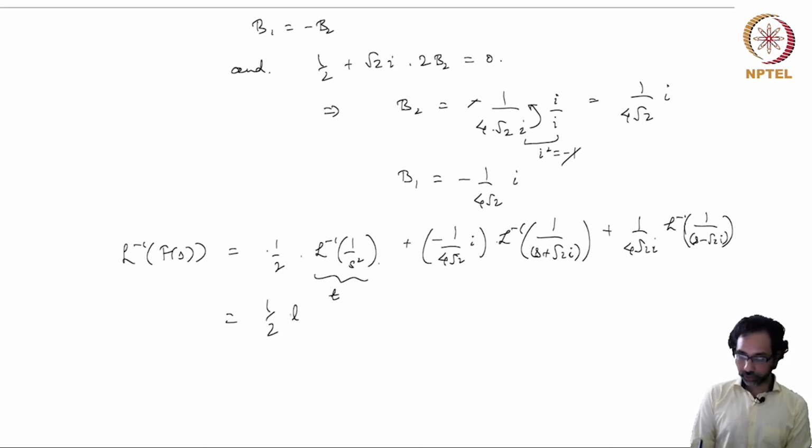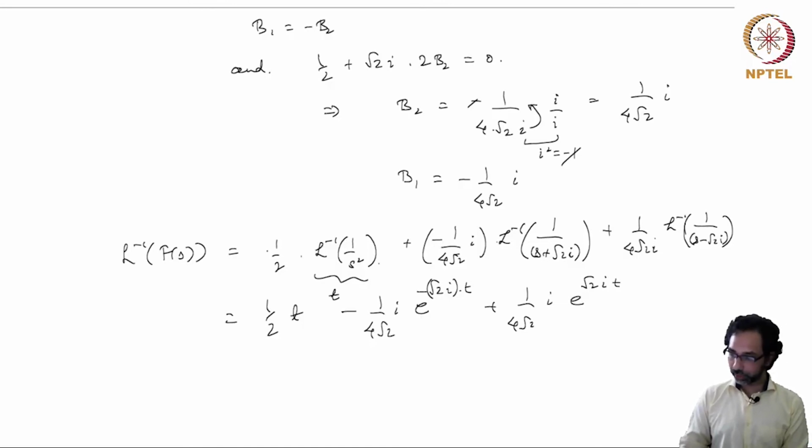So then you get half t minus 1 over 4 root 2i, i is upstairs, exponential minus root 2i times t, and then you have 1 over 4 root 2i exponential root 2i times t.